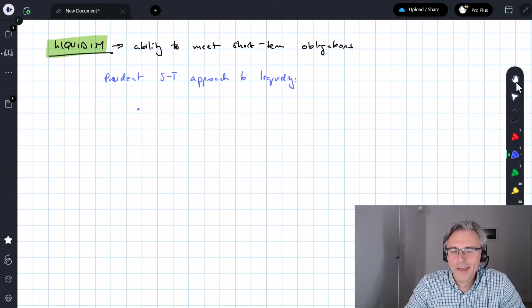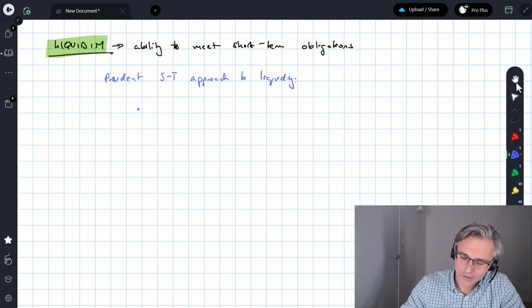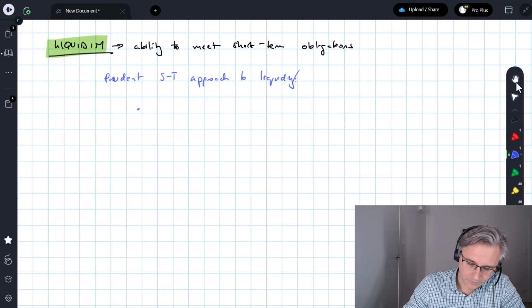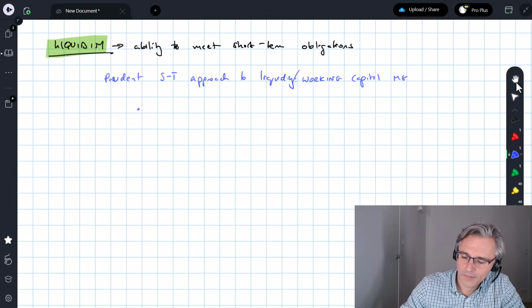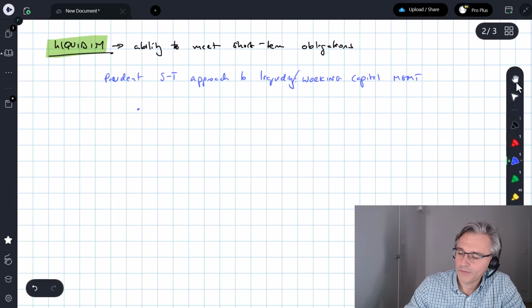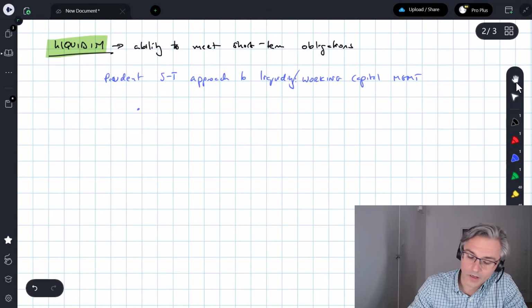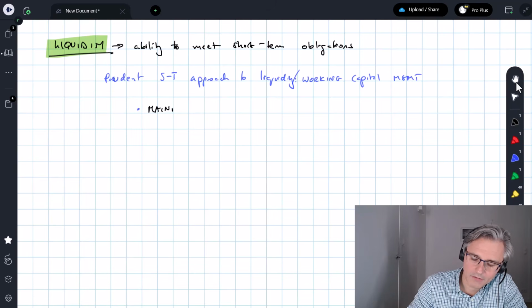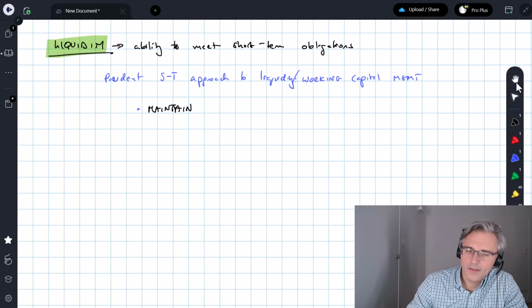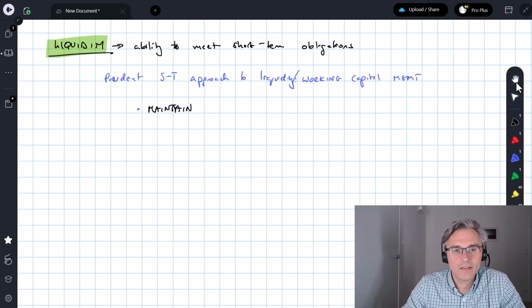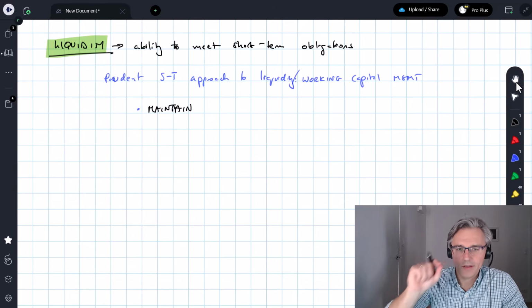But I think there are so many different points one should also consider. You can say this is liquidity slash working capital management, because liquidity is very much connected with working capital management. First of all, these are sort of the golden rules, right?